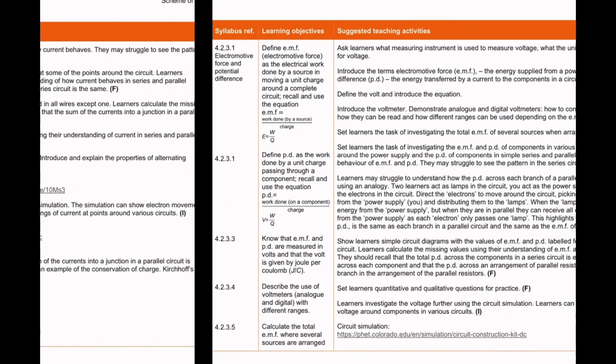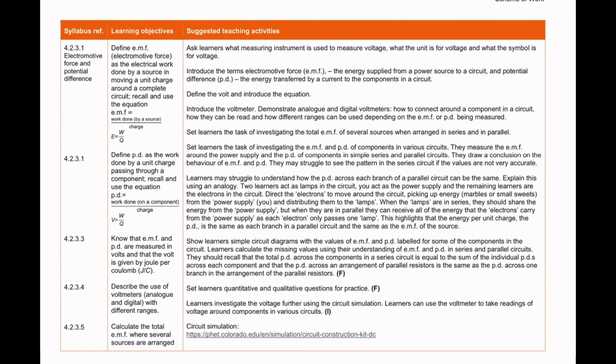Key concept: Electromotive force and potential difference. Learning objectives. Define EMF, electromotive force, as the electrical work done by a source in moving a unit charge around a complete circuit. Recall and use the equation: EMF is equal to work done by a source upon charge, or E = W/Q.